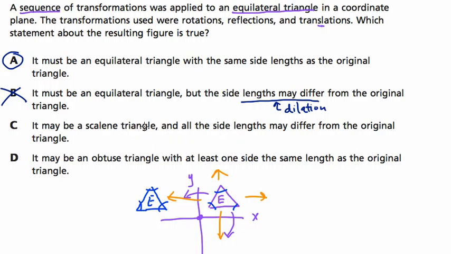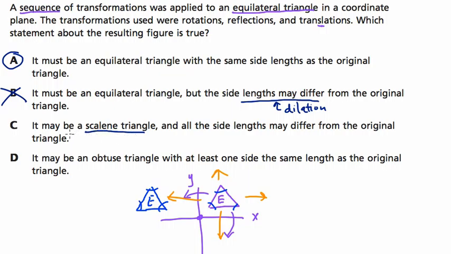Well, none of the transformations, rotations, reflections, translations, or dilations will change the shape of a triangle if we apply those transformations to all the points. That's what we're doing at this level. We're applying a rotation, reflection, translation and dilation to all points, not just part of the points of a shape. So we're not going to change the angles.